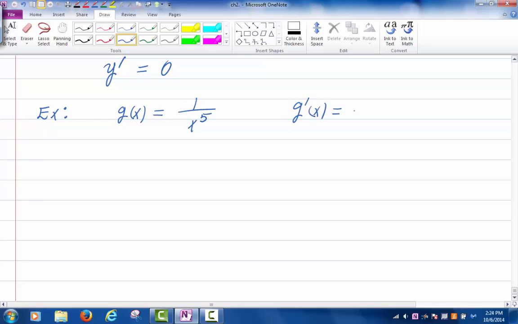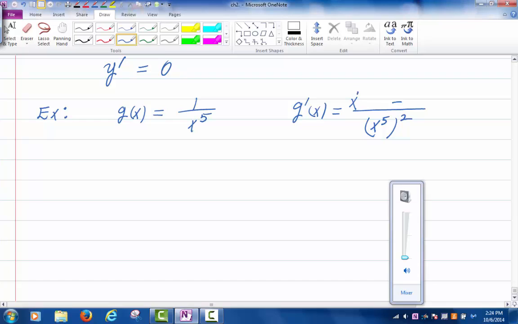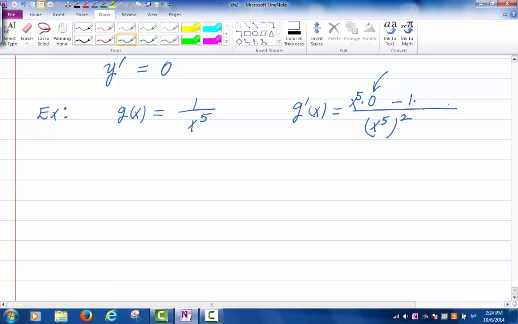It's going to be x to the 5 squared in the denominator, and in the numerator you take the denominator multiplied by the derivative of the numerator, which is 0. A lot of people make a mistake right here, because instead of writing 0, they write 1. And then minus the numerator multiplied by the derivative of the denominator, which is what?